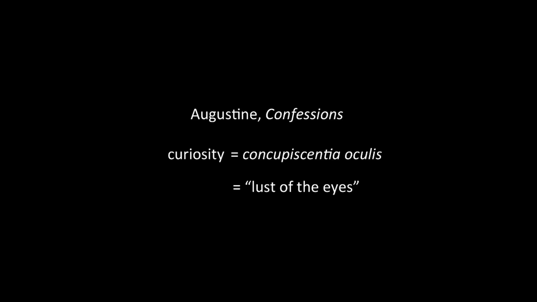And in the history of science, probably the most influential definition of curiosity is that of Augustine, who defined curiosity as the lust of the eyes, an ocular concupiscence. For a long time, curiosity was a vice.